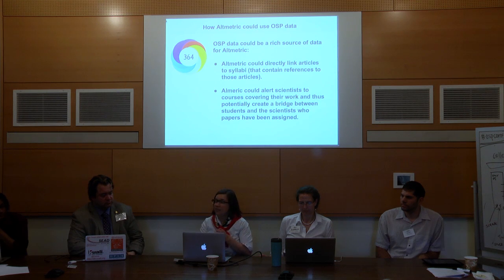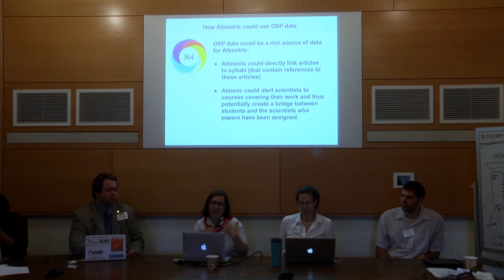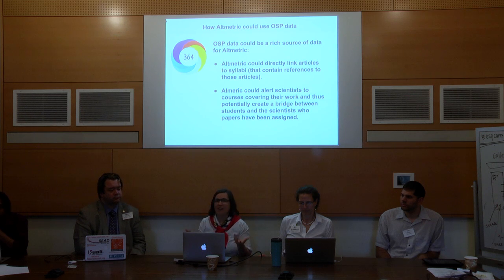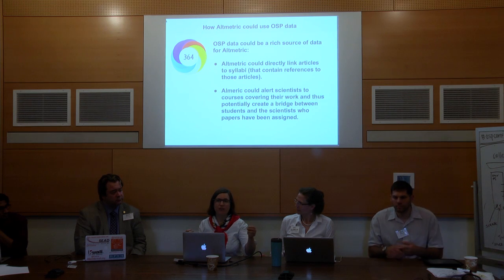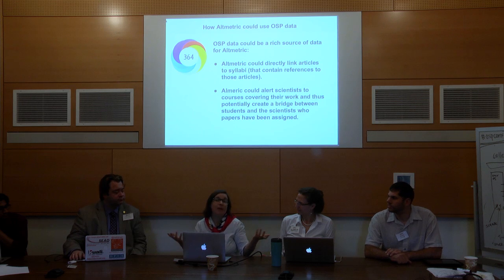So specifically to the Open Syllabus project, we already have an out-of-the-box solution. Therefore, for the problem of I'd like to search syllabi for mentions of research articles and try to understand and discover what research articles are being cited by syllabi. So we have that. Altmetric would be an out-of-the-box solution for that problem.